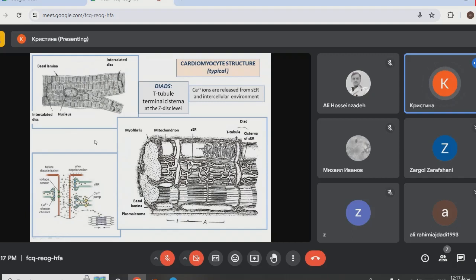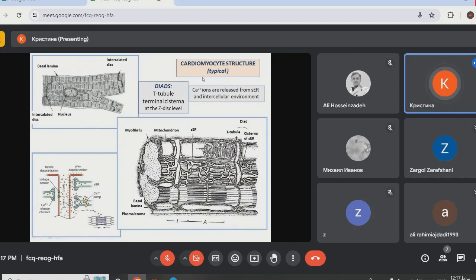The principle of working is the same as for a triad in the skeletal muscle fiber. Also, we need calcium ions to get released from the sarcoplasmic reticulum to go to the troponin C molecule in actin myofilaments to launch the contraction. Calcium ions are stored in the sarcoplasmic reticulum, smooth endoplasmic reticulum, which surrounds myofibrils.